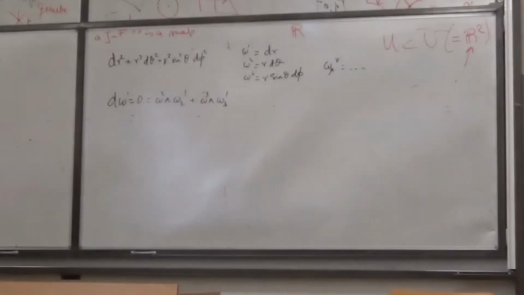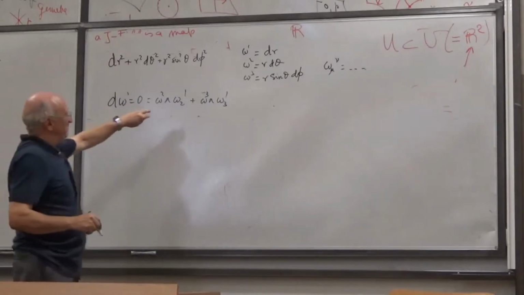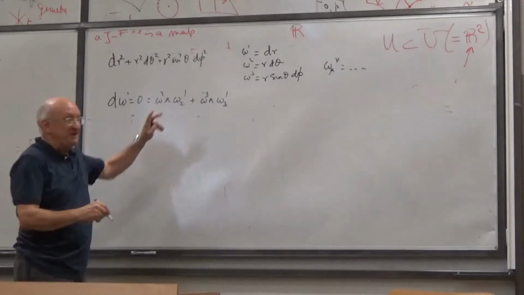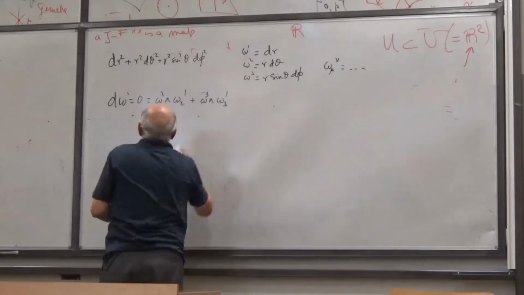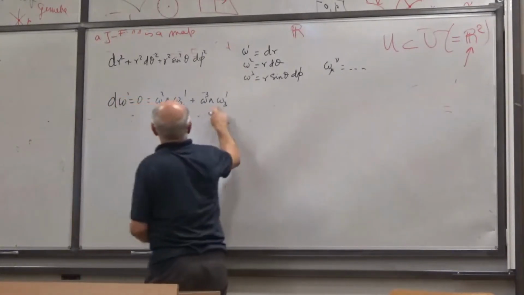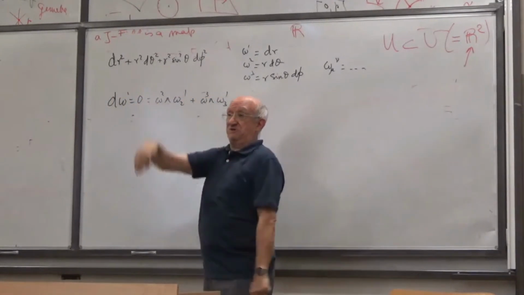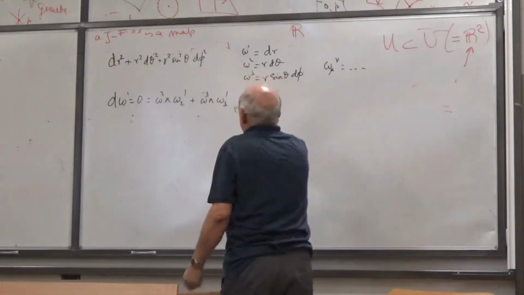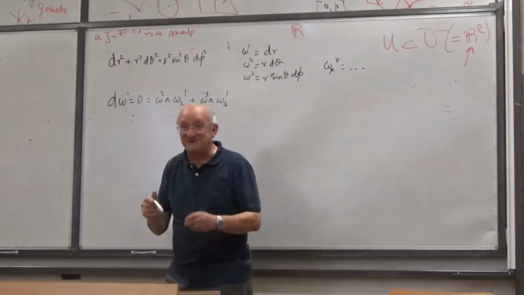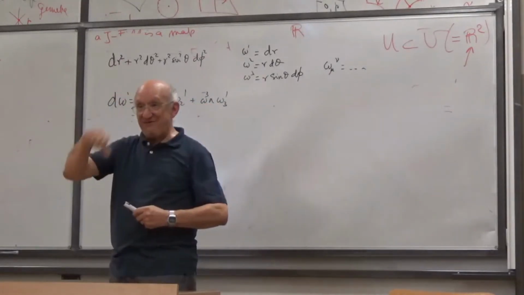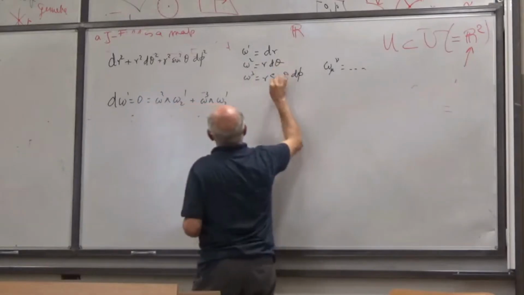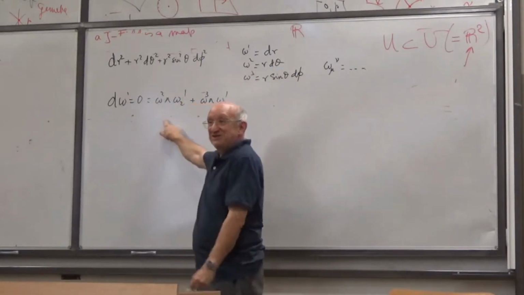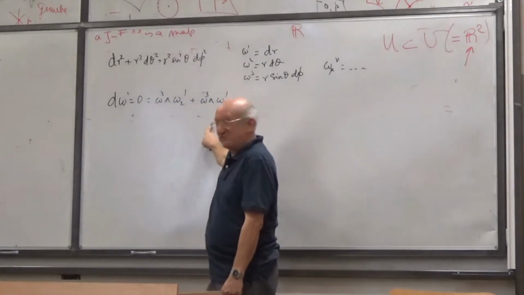I'm going to assume first that possibly this could be 0 and that could be 0, or maybe not. This could be proportional to omega 3.